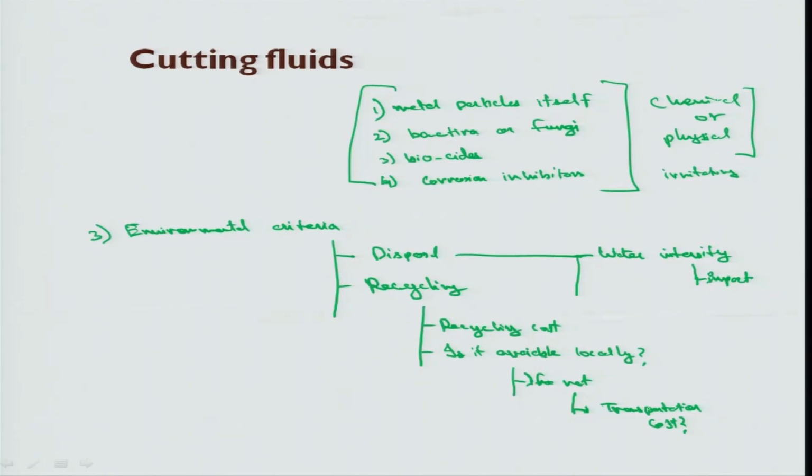So regarding the disposal of fluids, it is also important to maintain the cutting fluid characteristics before disposal. The maintenance involves checking the concentration of soluble oil emulsions, maybe pH value, the quantity of tramp oil that is leaking into the cutting fluid system, and maybe the quantity of particulates in the fluid.